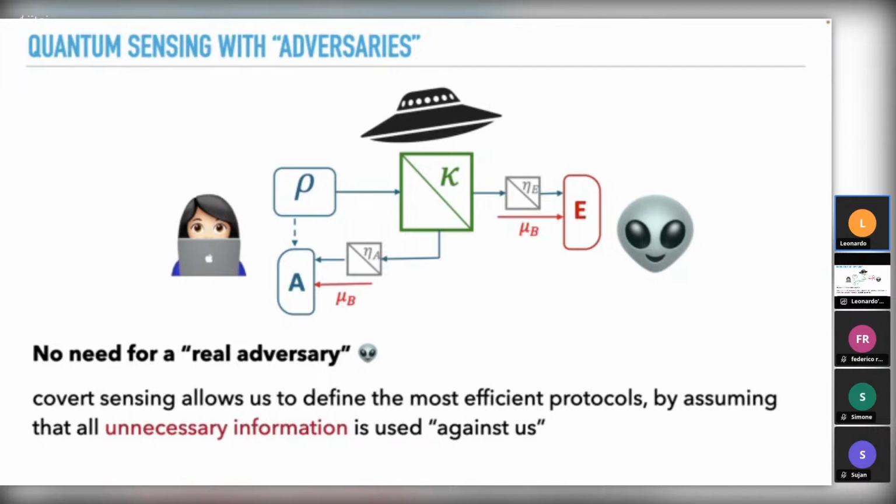Are you also assuming something about Eve's position? It seems that if Eve's position is between Alice's star and the UFO, then it cannot be covert anymore.